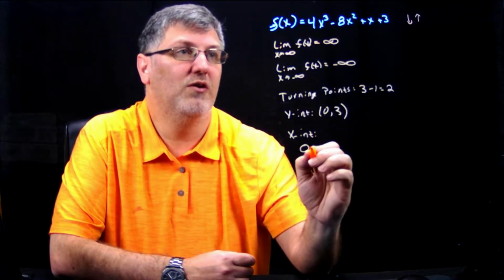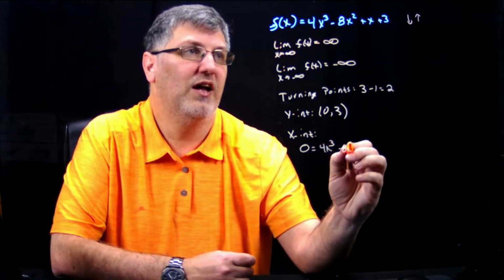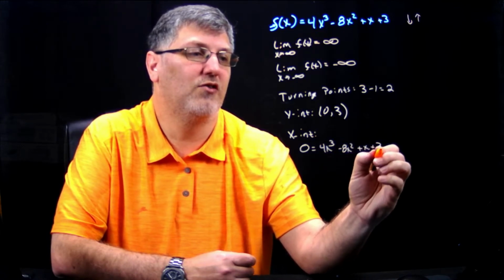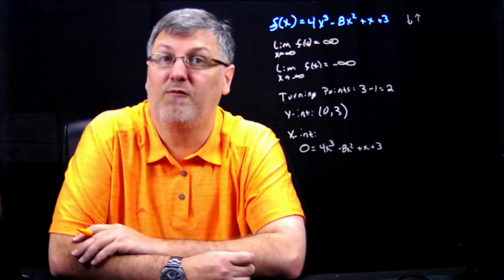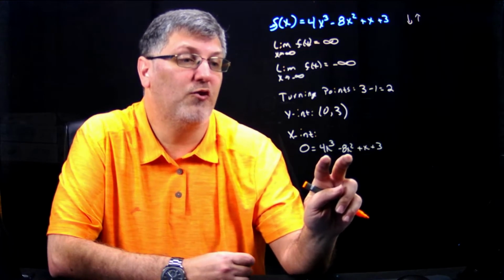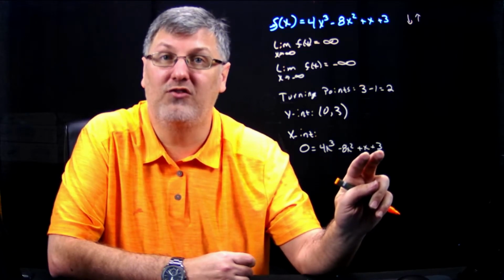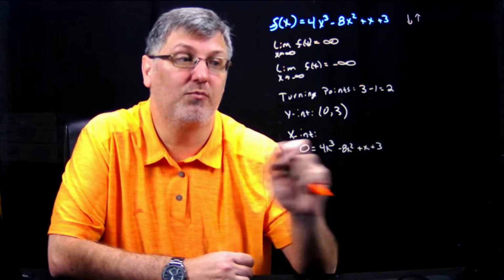So we need to do 0 equals 4x cubed minus 8x squared plus x plus 3. I'm going to look real quick to see if I can factor this by grouping because it's 4 terms. If I group the first 2, they have a 4x squared in common, and that's going to leave me an x minus 2, but I'm not going to get an x minus 2 out of my second group, so I can't factor this by grouping.